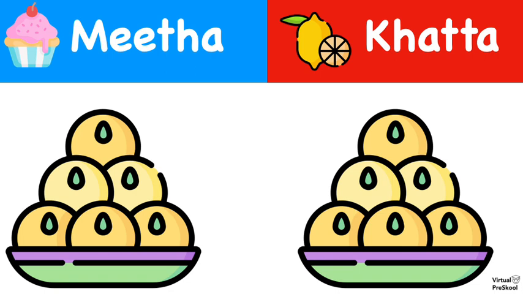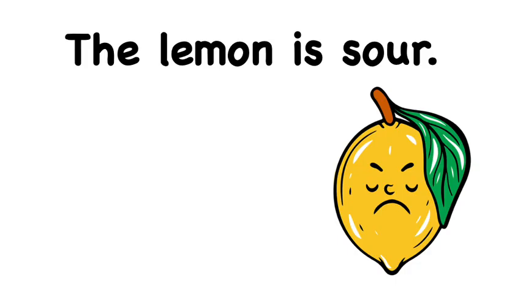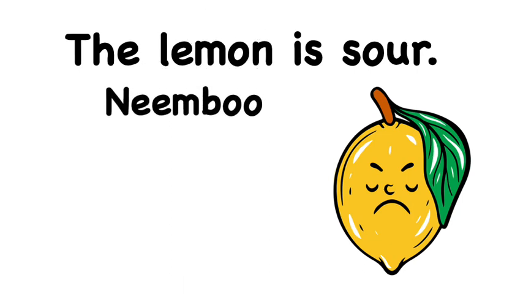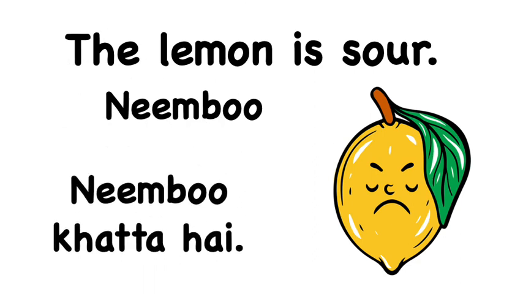You have learned how to form a Hindi sentence, so you should know how to do these sentences that are coming up next. How would we say the lemon is sour? The lemon is sour. And in case you forgot, lemon is nimbu. So how would we say the sentence? Nimbu khatta hai.